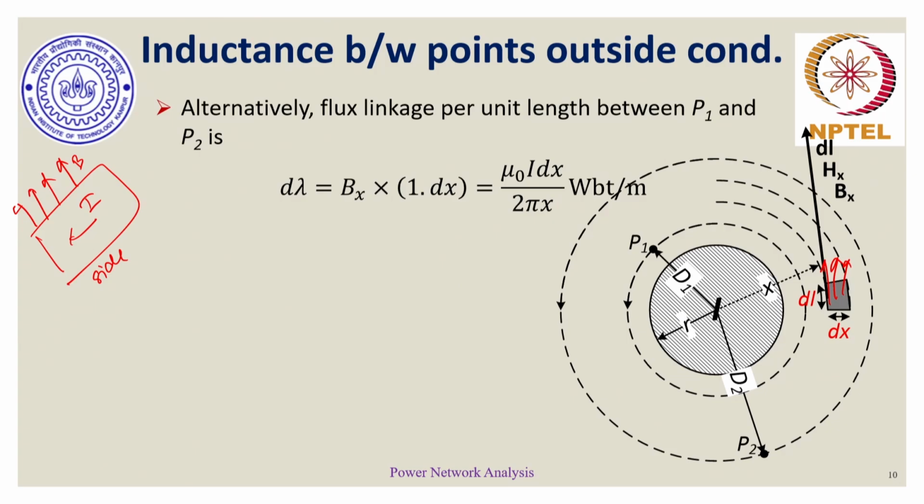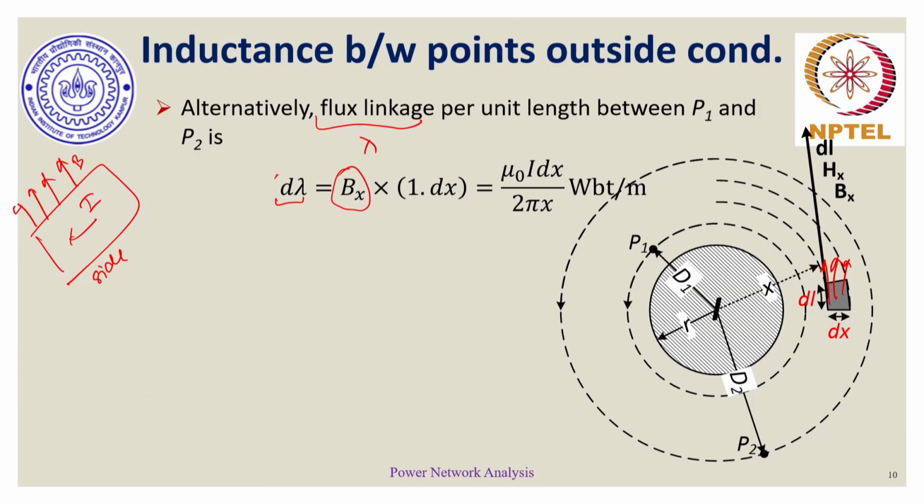If I have to find the corresponding unit flux linkage, which I denote by d lambda, that flux linkage will be nothing but the flux density multiplied by the area through which the flux lines are passing.